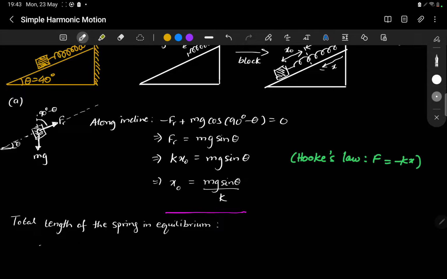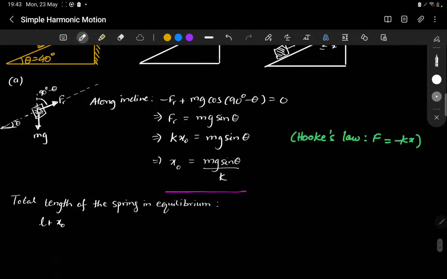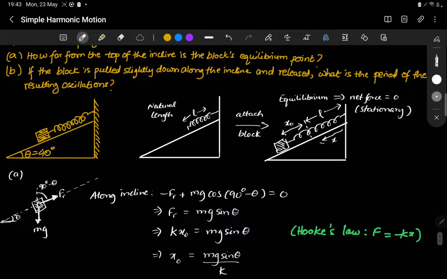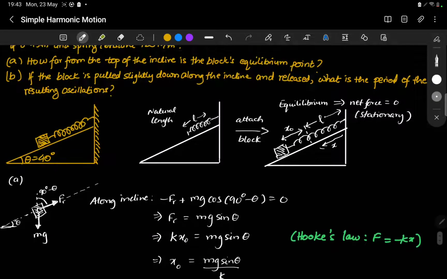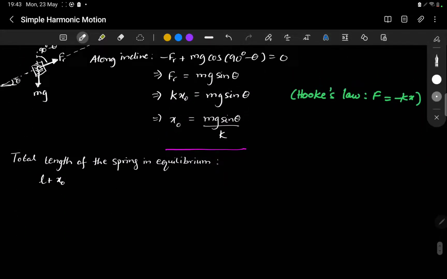So this is nothing but L plus x naught, because in equilibrium the block is attached, the spring gets extended by x naught, and its natural length originally was L. So how far from the top of the incline is the block's equilibrium point? So the block is essentially at this location, which is L plus x naught downwards. So this is essentially the block's position along the incline.